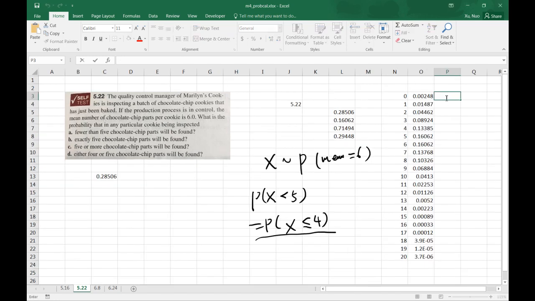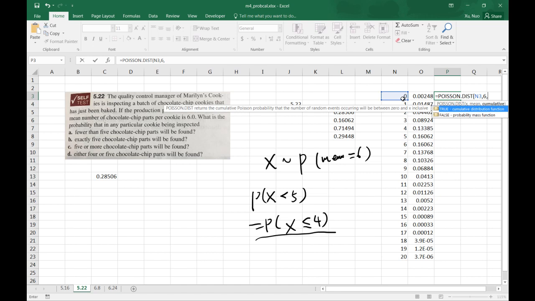While we are at it, let me also create another column that calculates the cumulative probability. I'm still going to choose this cell as the value of the variable. 6 is the parameter mean. In this case, instead of using false, I'm going to use true.